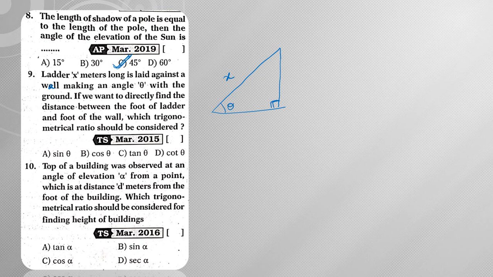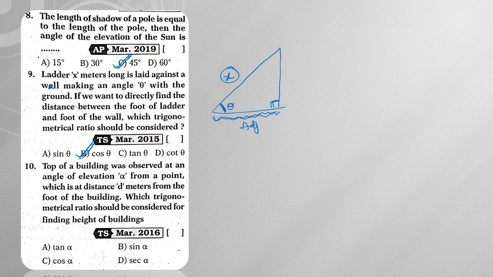If you want to find directly the distance between these two, with respect to this angle, this side is the adjacent side and this is my hypotenuse. Adjacent and hypotenuse comes in cos theta, right? So if I apply cos theta, I can directly get the distance between the foot of the ladder and the foot of the wall, right?